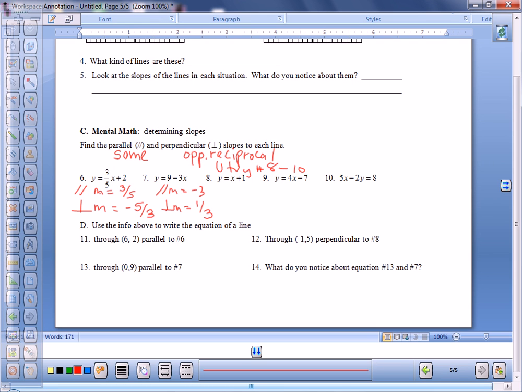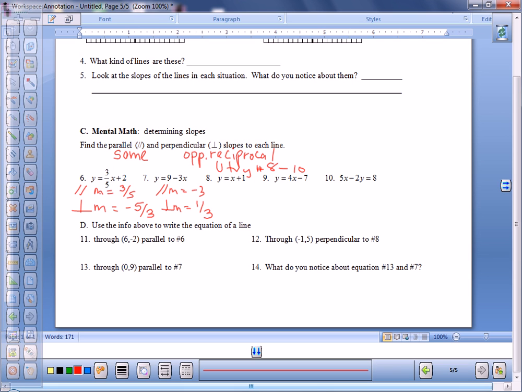Okay, so you make a parallel and a perpendicular. All right.